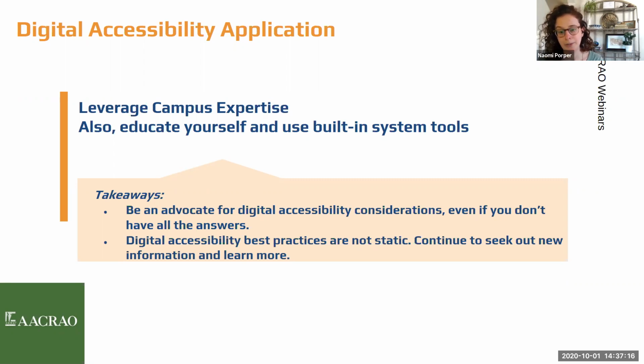Also, the Campus Web Team provides an annual training on digital accessibility best practices and considerations that specifically apply to the campus web platform that we use, Web Express. So specifically some of the built-in tools and features already vetted at the campus level. And as they roll out new functionality, those are some of the things that they highlight. So that's something, again, that we're encouraged to leverage, those on-campus resources that are available.